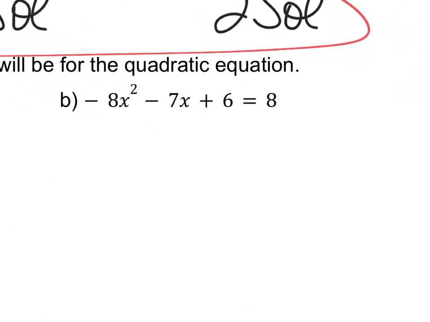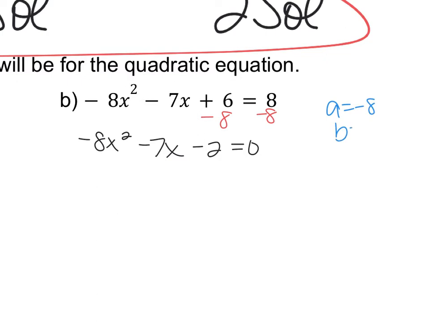Okay, let's do another one. Move this positive 8 over, so I'm going to minus 8. That gives me negative 8x squared minus 7x minus 2 equals 0. So now my a is negative 8, my b is negative 7, and my c is negative 2.